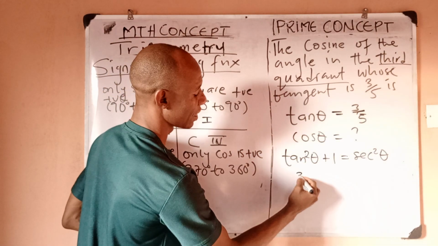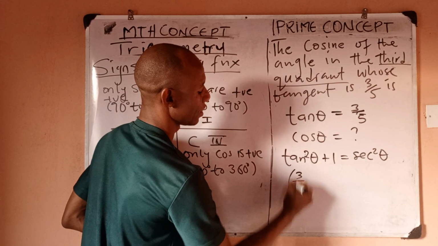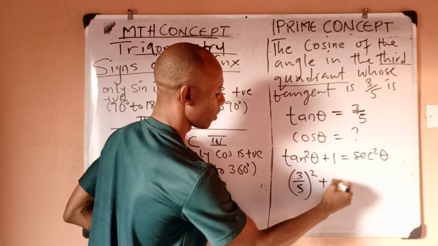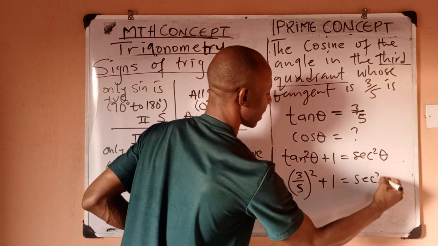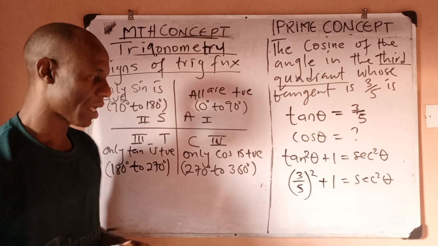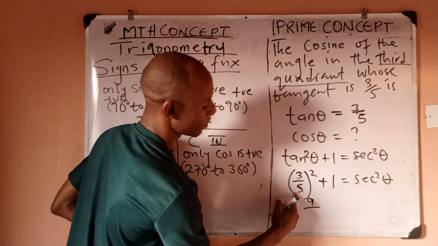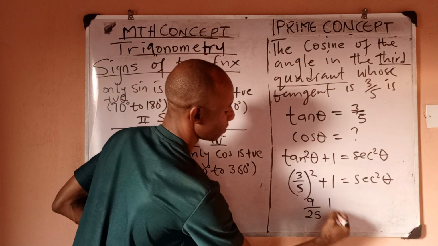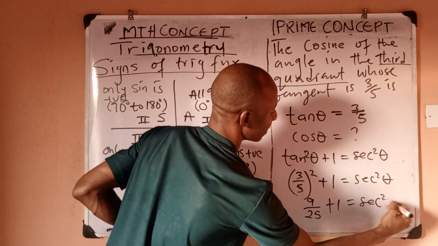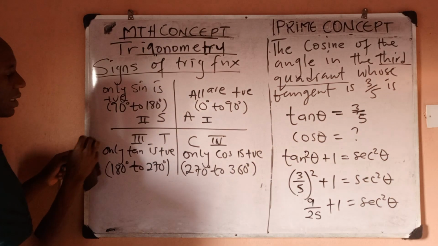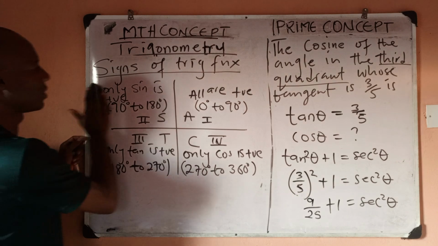So I'm going to replace it with 3 over 5, all squared, because this is tan squared theta, then plus 1 equals sec squared theta. Now, if you square this, 3 squared is 9, 5 squared is 25, plus 1 equals sec squared theta. So let me rub this. I believe that we have this work ready.